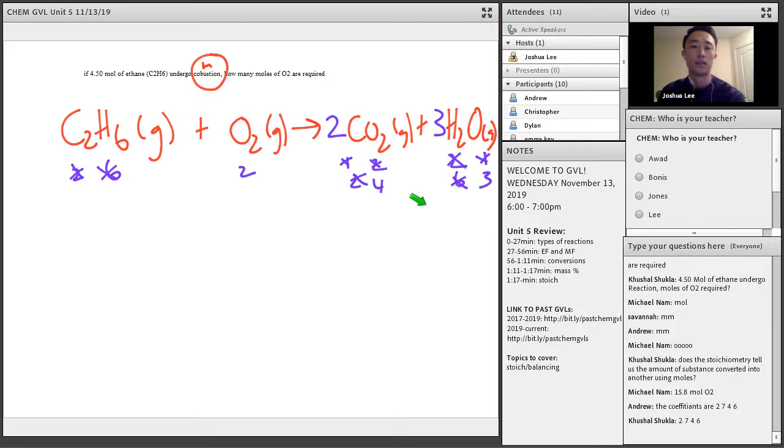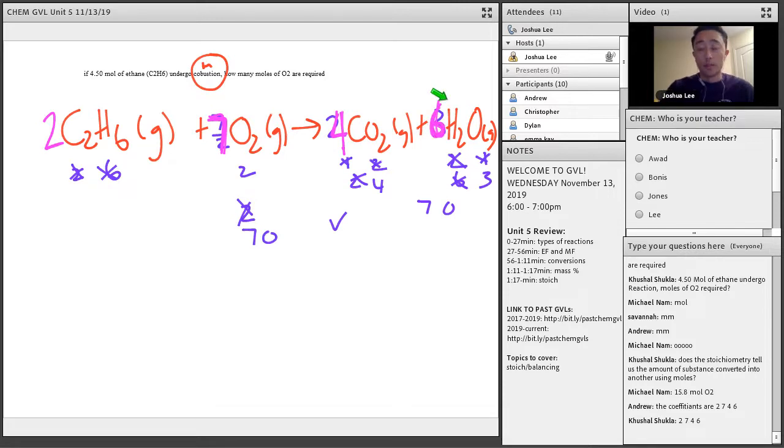So now I have 7 oxygens, but 2 oxygens. So I'm going to throw a 7 over 2 over here. That changes that to 7 oxygen, so it's good. But then I have to get rid of my fractions. So I multiply everything by 2. So now this becomes a 2, 7, 4, 6. Yeah. So that's balancing an equation. That's another thing we've learned this unit.